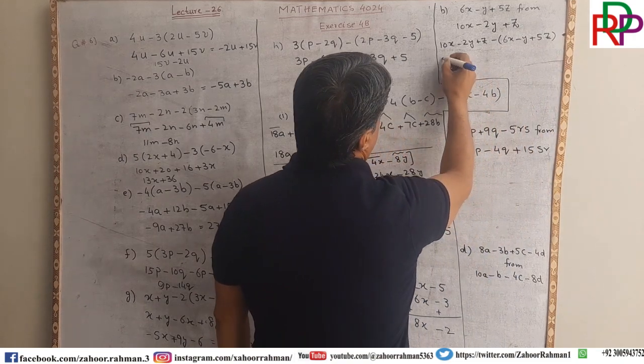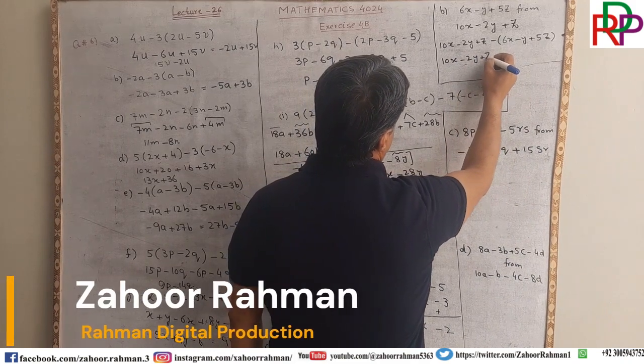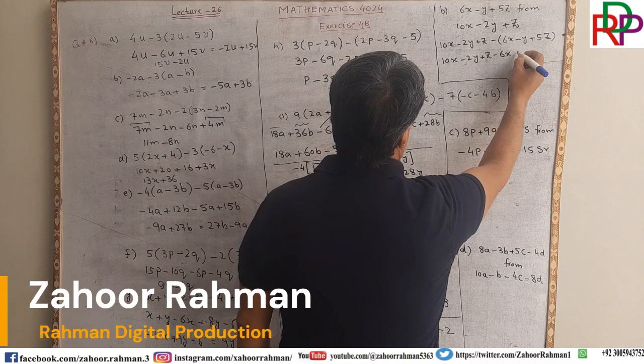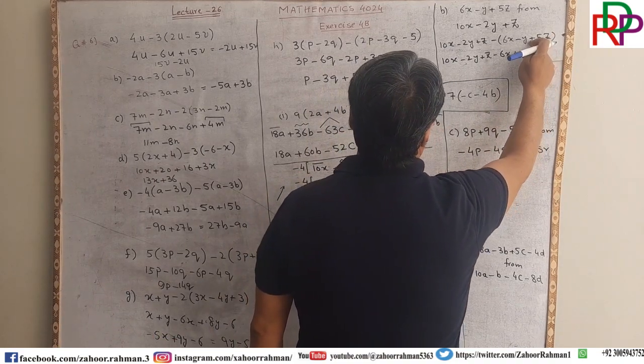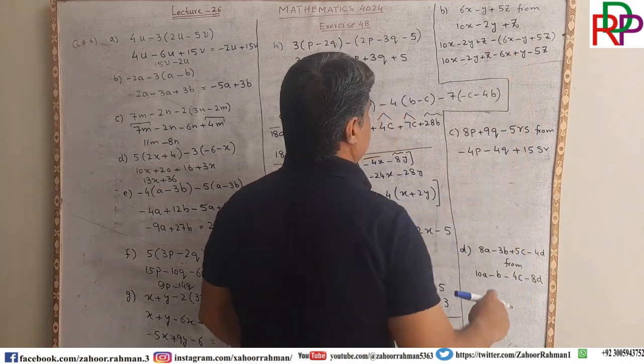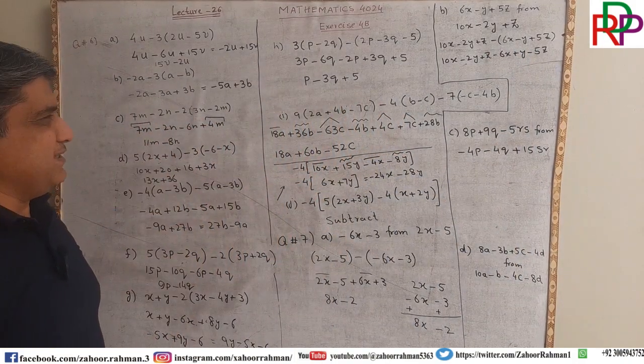Our first duty is to expand it and change the sign: minus 6x plus y minus 5z. You see that I changed the signs of corresponding variables.